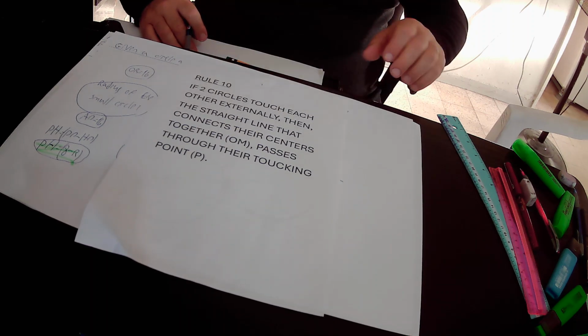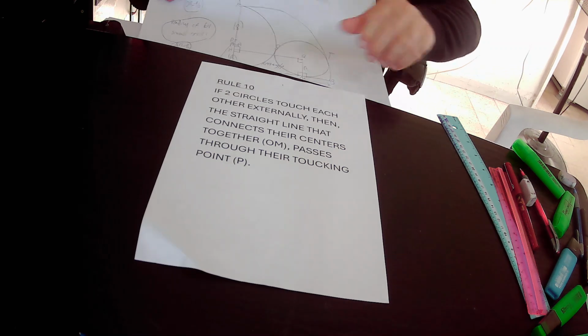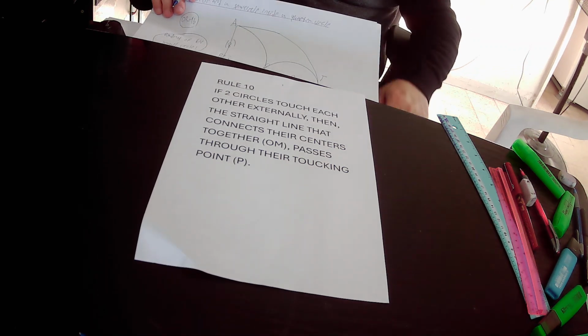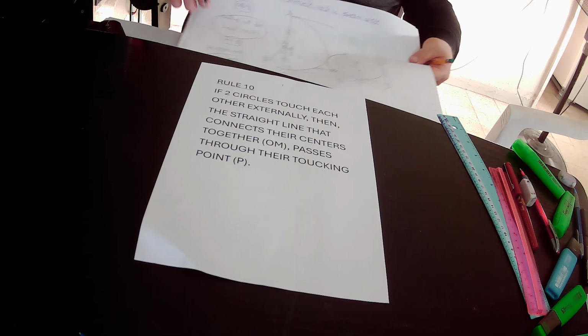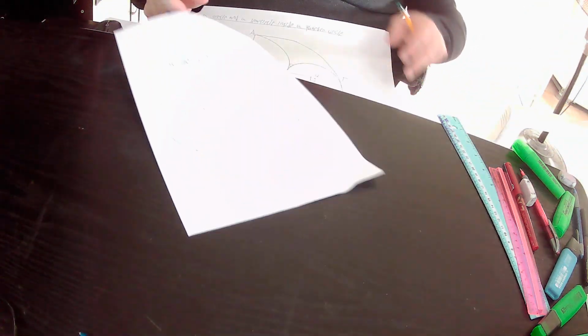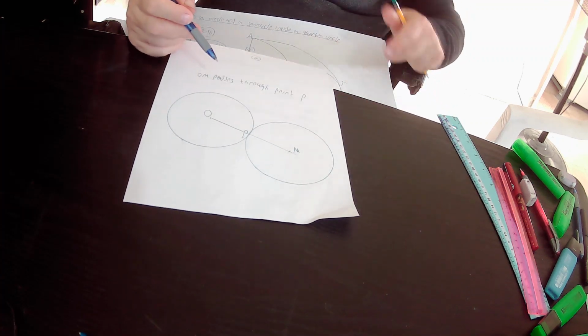According to rule 10, if two circles touch each other externally, then the straight line that connects their centers together passes through their touching point. Okay, so here we have two circles.